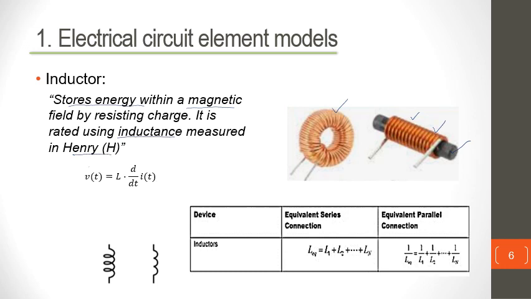Now the voltage across the inductor is proportional to the change in current, and that proportionality relationship is related to L, which is the inductance of the inductor.